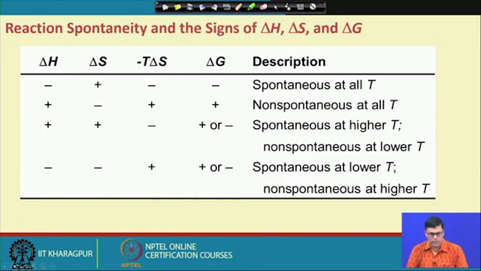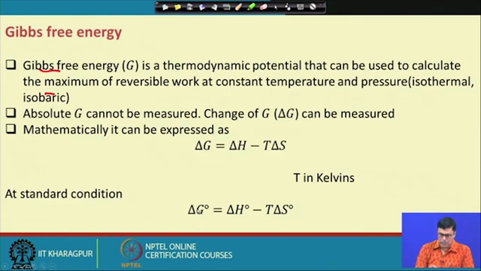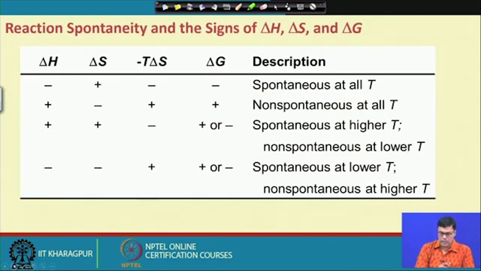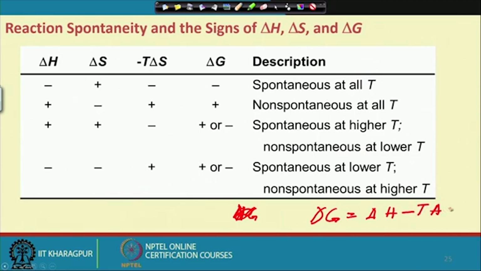Now, this is the reaction spontaneity and the signs of del H, del S and del G. We have to remember this equation: del G equals del H minus T into del S. Now we can compare.